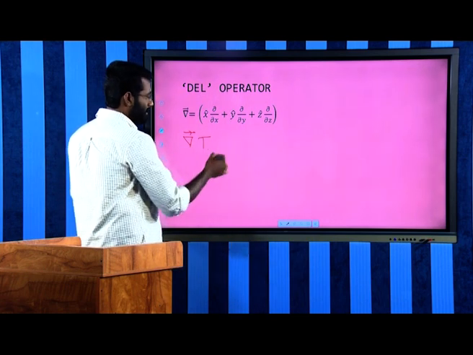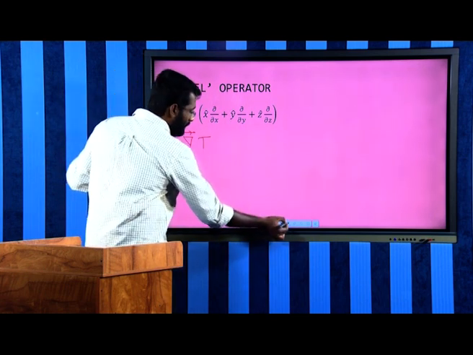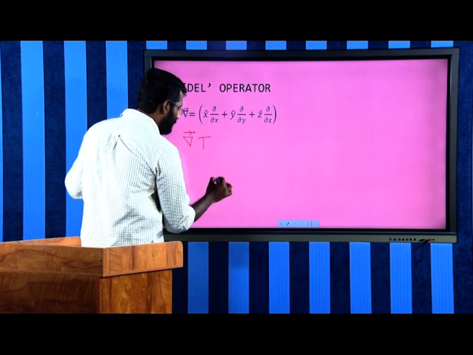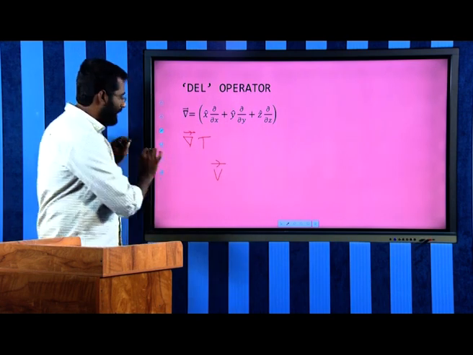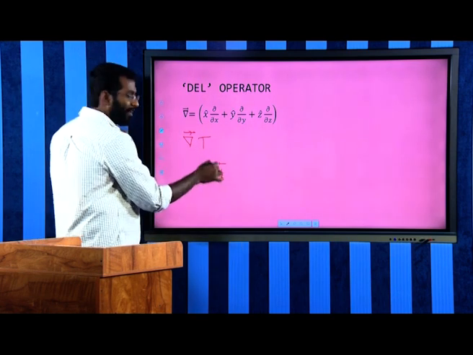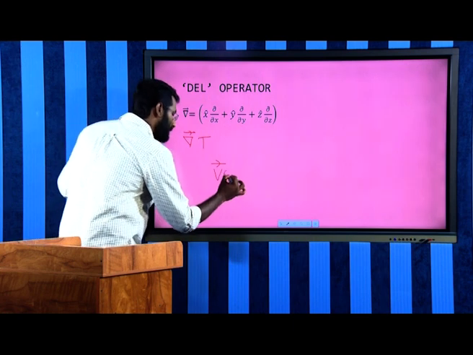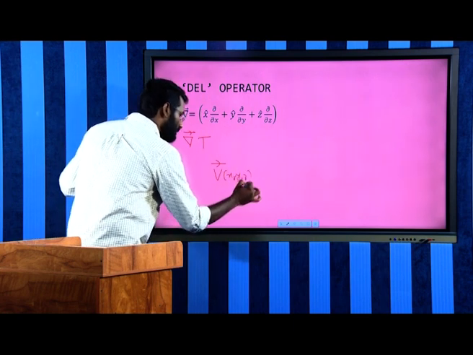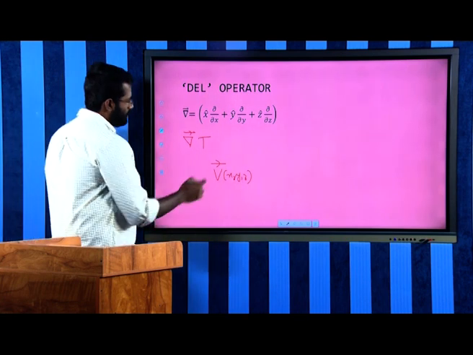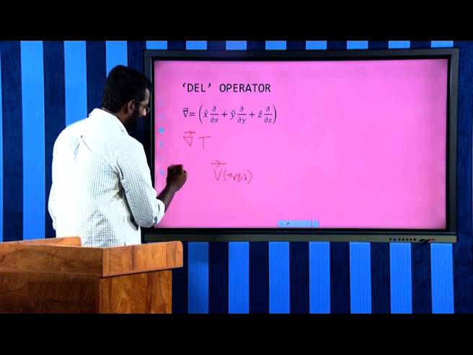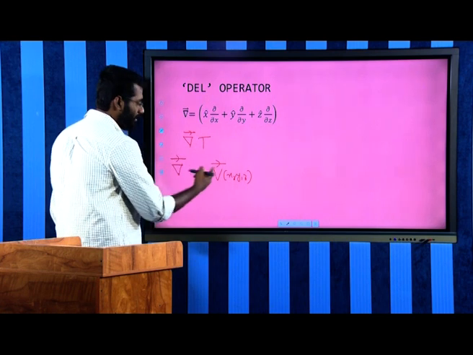So del T, that is some kind of action. Now let us take a vector field. For a vector field we always use the arrow. This doesn't mean vector V, this means that we can put x, y, z also here. So that means it is a vector function, not just a single vector. So del is a vector, V is a vector.